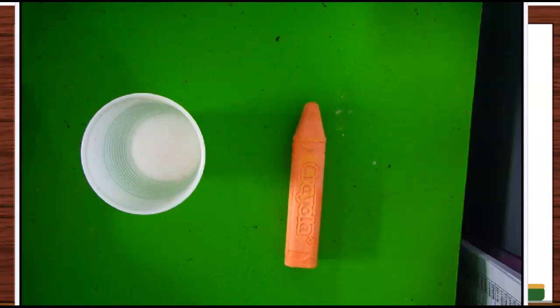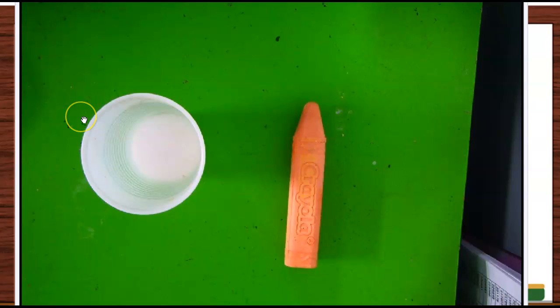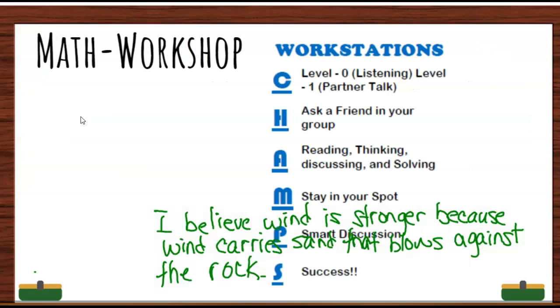You are in a science lab. You do not eat in a science lab. So, the chalk is the rock. So what does that look like on your lab sheet? Let me show you.